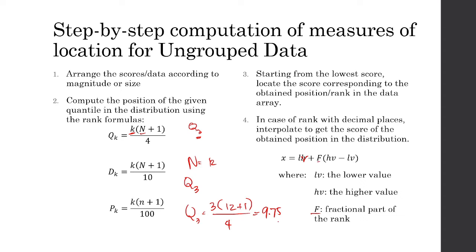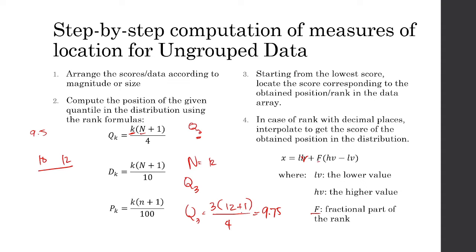So hindi natin magagawa yung ginagawa natin dati katulad sa median, na halimbawa, yung ninth value mo ay 10, tapos yung 10th value mo ay 11, tapos ang nakuha mong rank data ay 9.5. You just need to get the average of this.